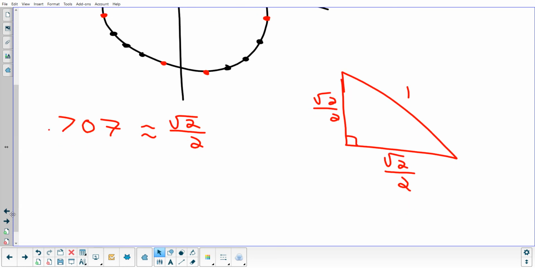Okay, another one that you're going to see is 0.577. That's a decimal that pops up. Let's do this one first. 0.866. 0.866 is a decimal that comes up in the 30, 60, 90.